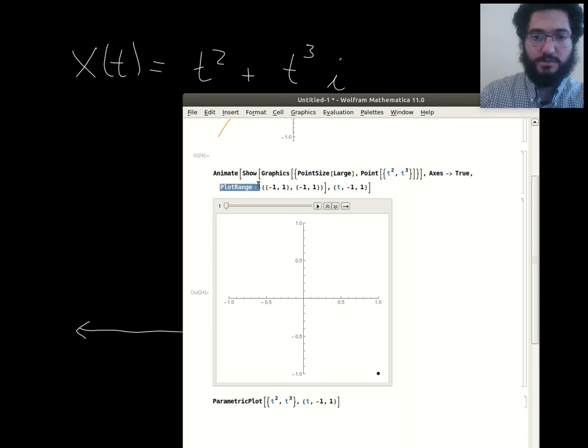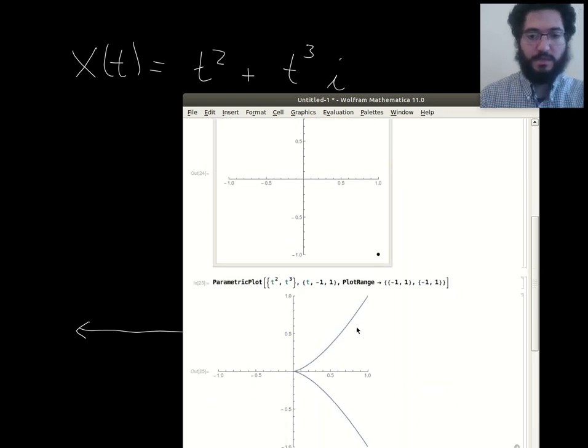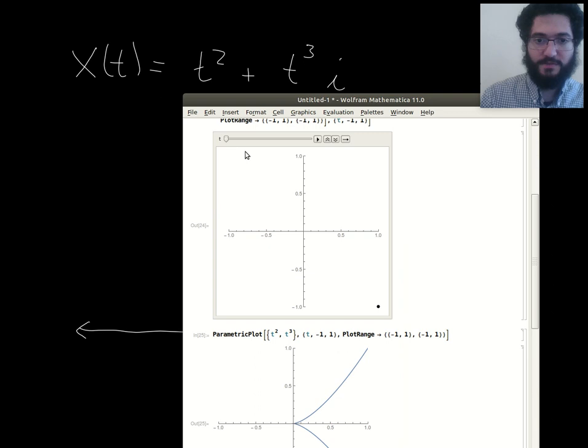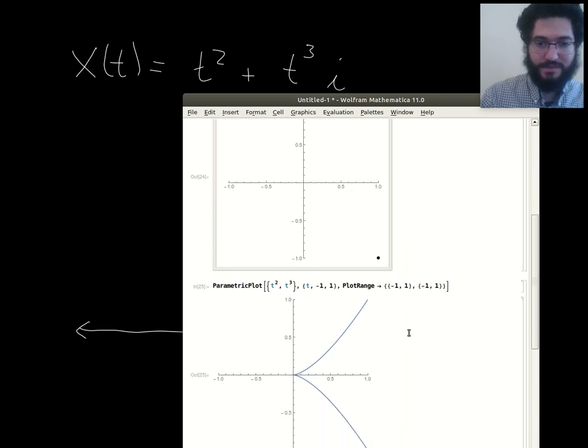And let me show the axes in the same range. So it's the same, -1 to 1, -1 to 1. And there, that's the trajectory that the dot is following. So that trajectory that you're seeing there is t squared, t cubed.